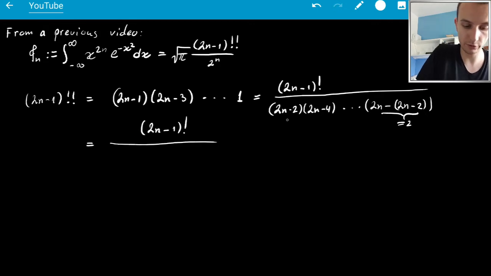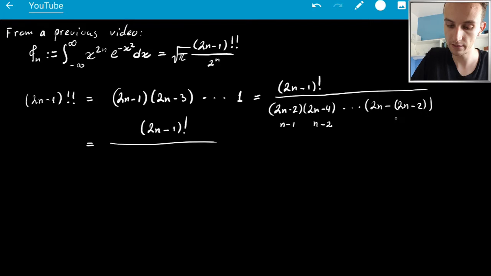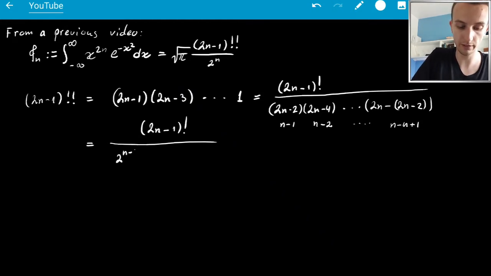And so how many 2's will I pull out? So here I have n minus 1, n minus 2, and then it goes to n minus n plus 1, right? Times all of these guys times 2. So we're going from n minus 1 to 1, so that's going to be 2 to the n minus 1.